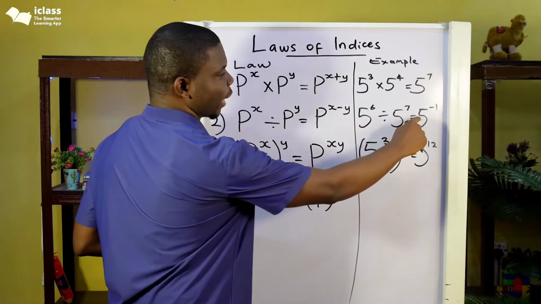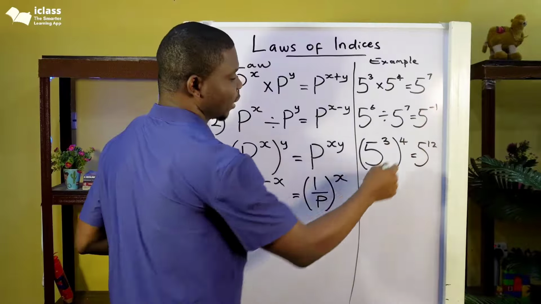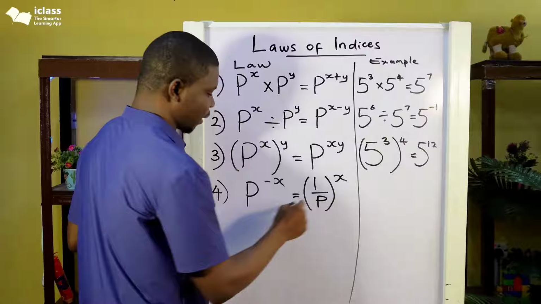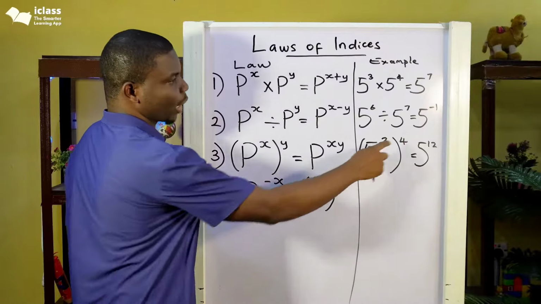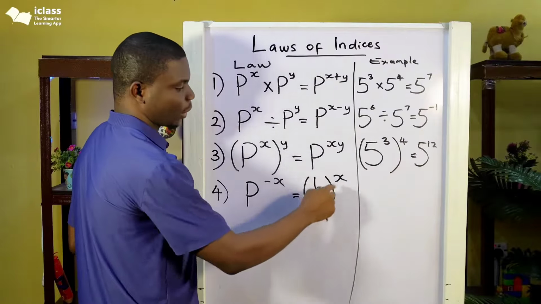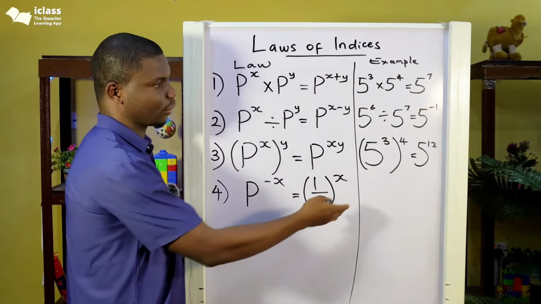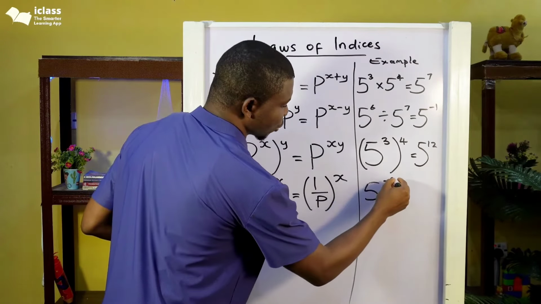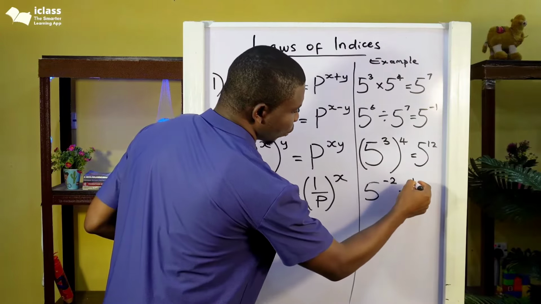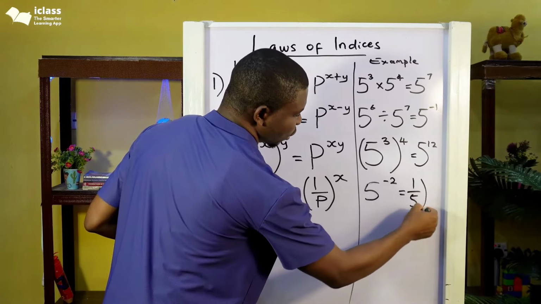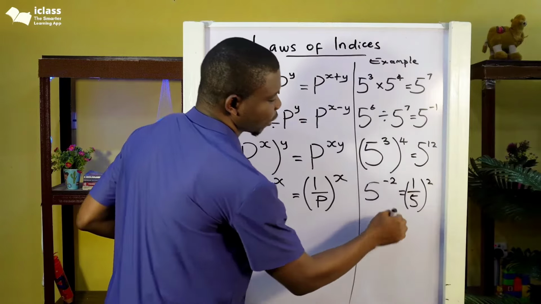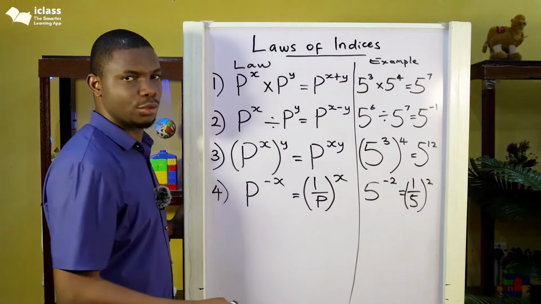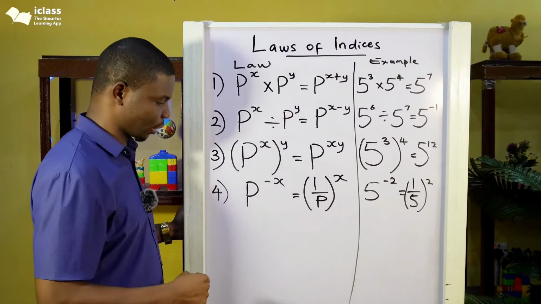So this one where we have 5 raised to the power minus 1, if we want to apply this law, it will be 1 over 5 raised to power 1. That is simply 1 over 5, right? So if I have an example, 5 to the power minus 2, this is going to be 1 over 5 squared. 1 over 5 raised to power 2, which is 1 over 25.